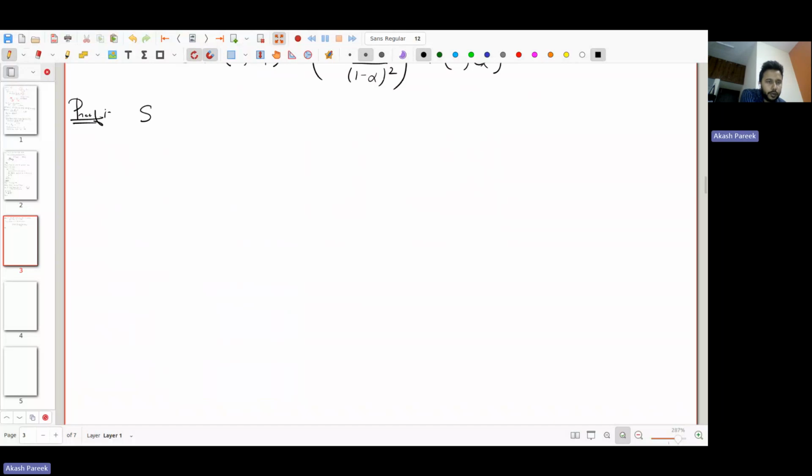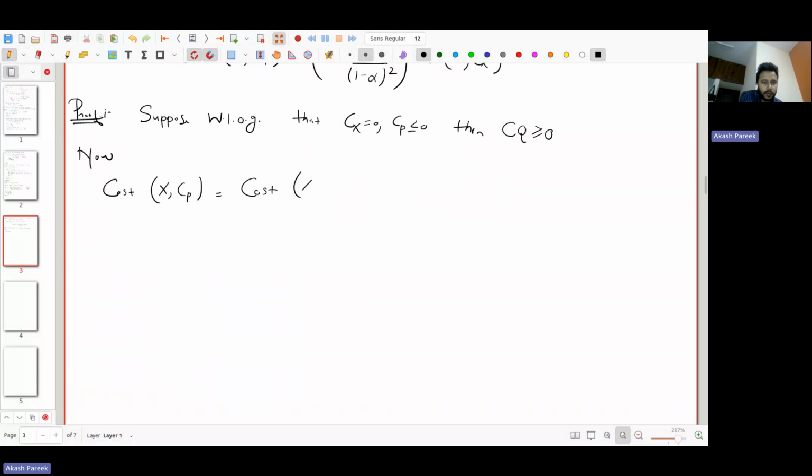Okay, so suppose without loss of generality that C of X is 0, and CP is less than 0, then C of Q is greater than or equal to 0. Okay? And now we apply a famous lemma that the cost of X on CP is just the cost of X on CX plus the cardinality of X times CP minus CX squared.